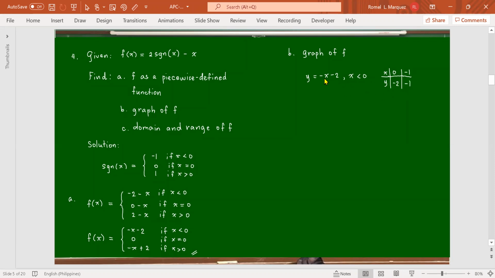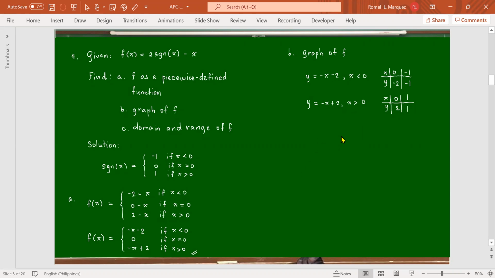Am I correct, guys? What about for y equals negative x plus 2? That is for x greater than 0. I can start with 0 also. That is 2, although it's a hole. And then for x equal to 1, y is 1. So again, 0, 0 is just a point.